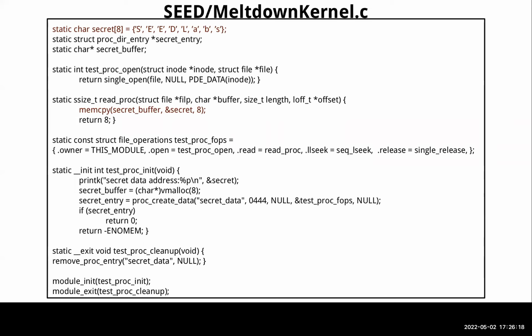Let's start with the kernel part. The kernel part is not the attacker. That's a secret. Technically, you can steal information from any kernel memory, but let's say we have some secrets planted in the kernel, and we want to steal that.